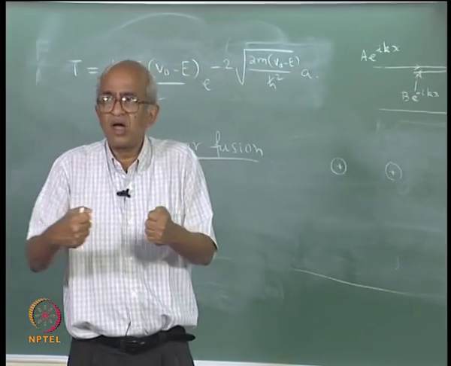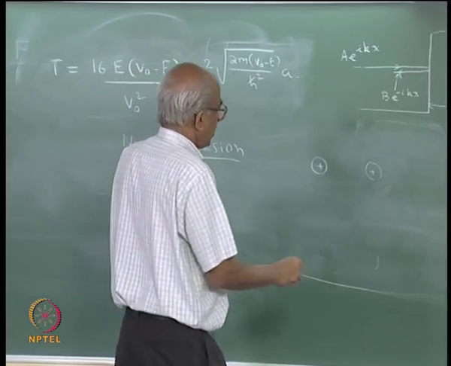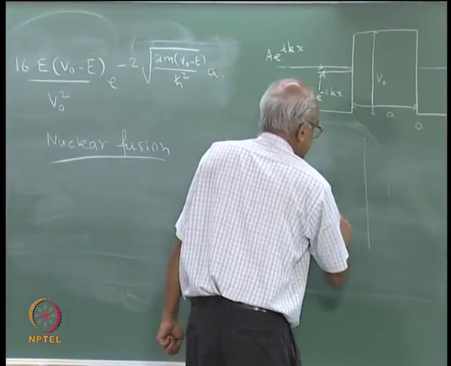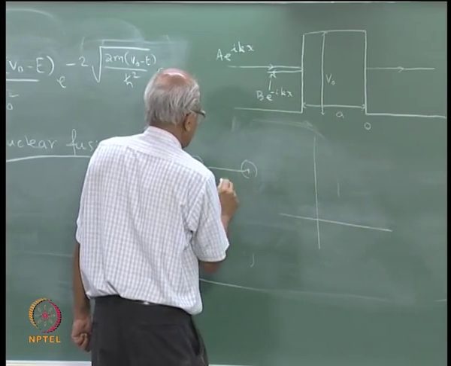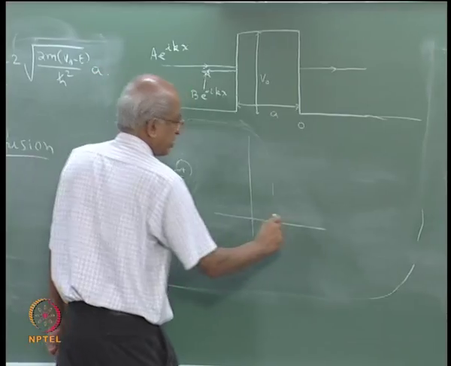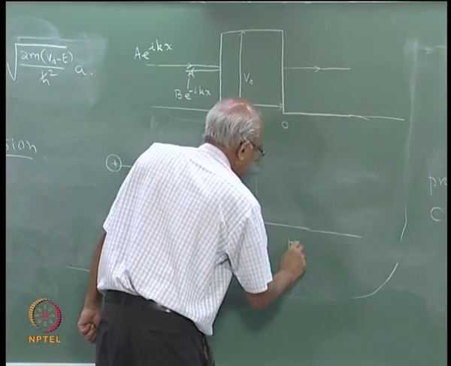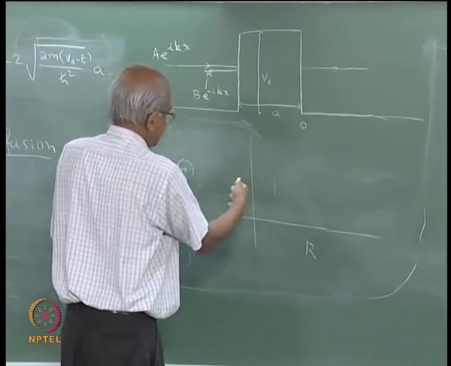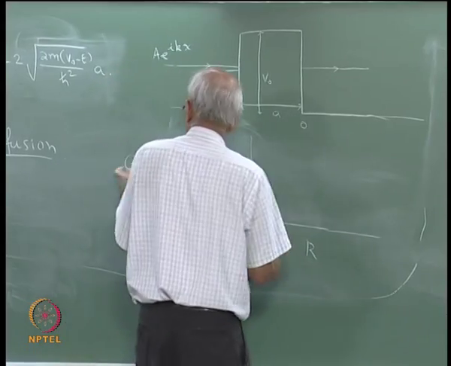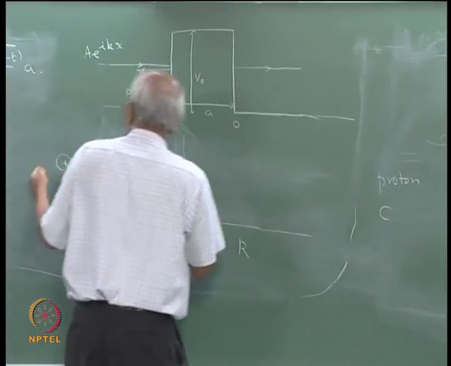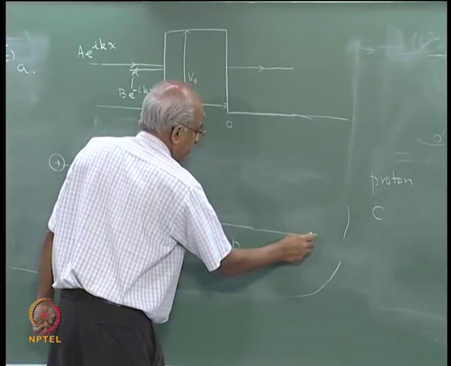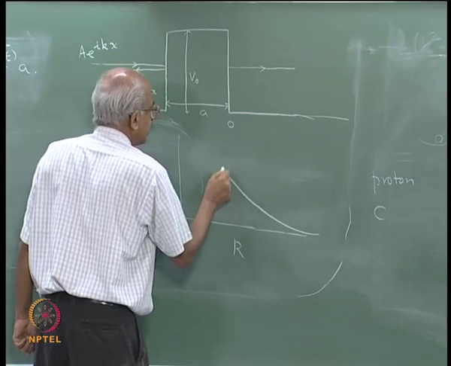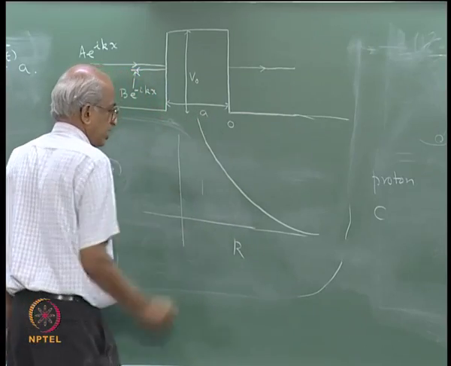So, as the two are approaching each other, what will happen? If you plotted the total energy of the system as a function of the distance between the two, denoted by capital R, there is Coulombic repulsion between the two nuclei, so the energy will go on increasing to a large value.